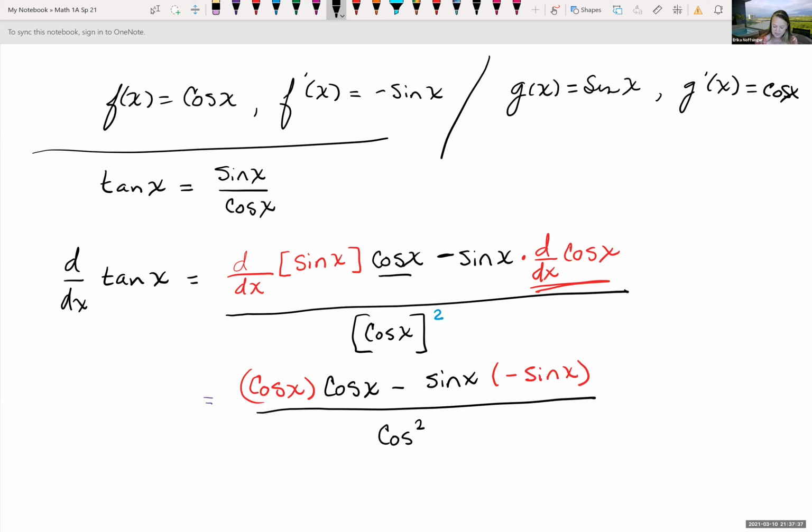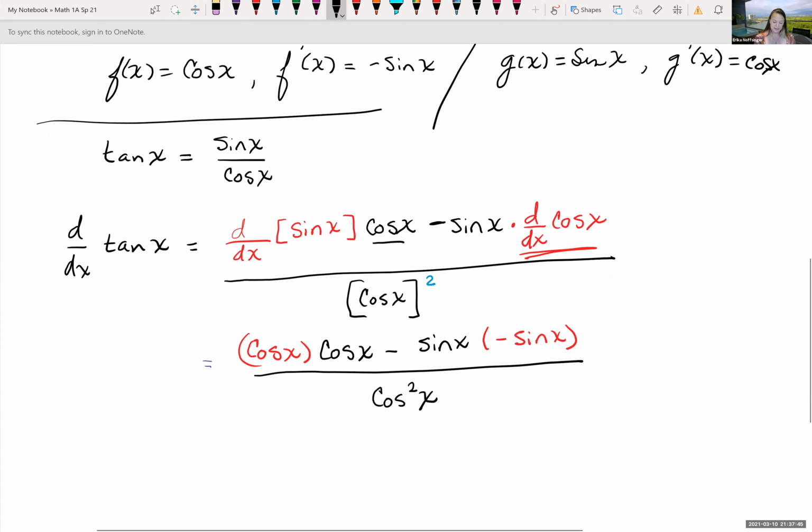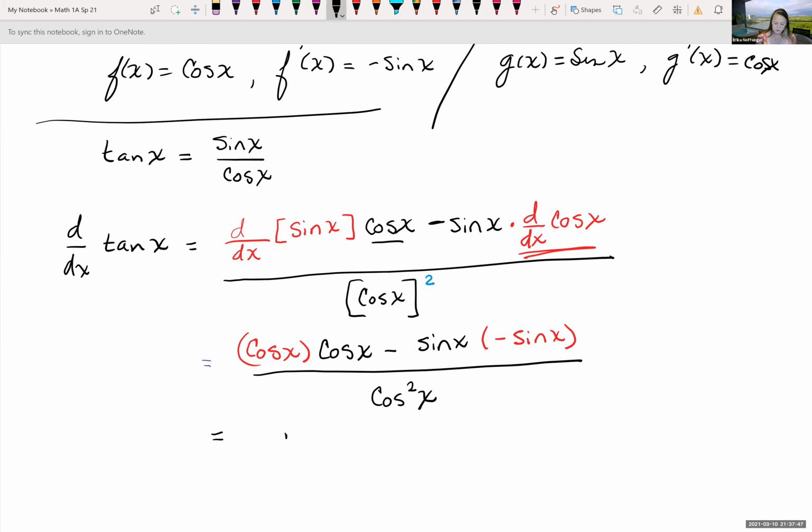Which could be written a little differently. A lot of times we'll see it as cosine squared x. Well, cosine x times cosine x, that's just equal to cosine squared x. Minus, well, negative sine x times a negative sine x, so it really is plus sine squared x, looking at the numerator.